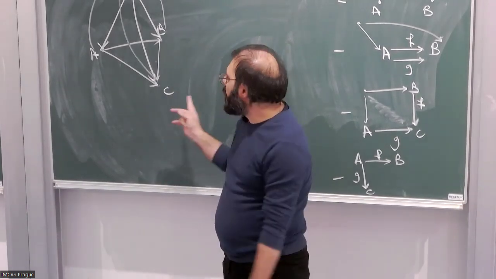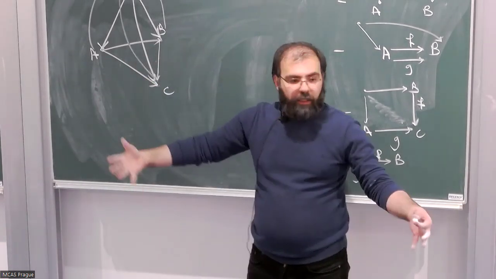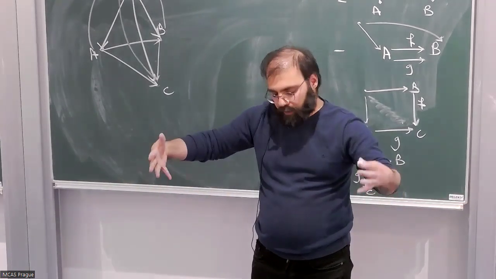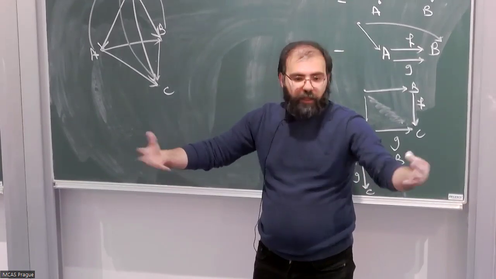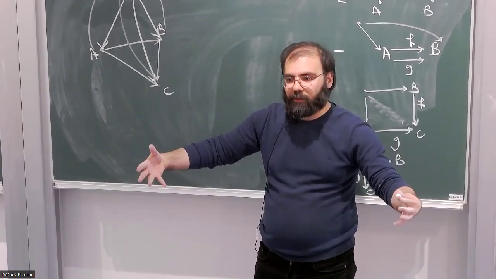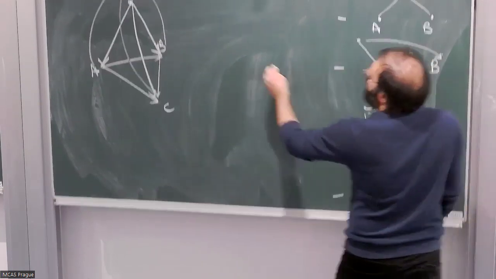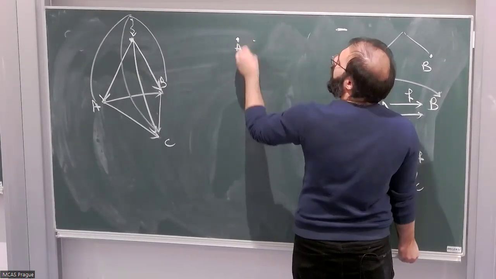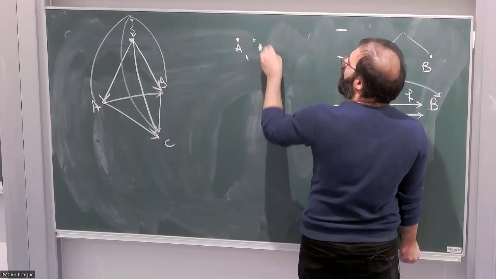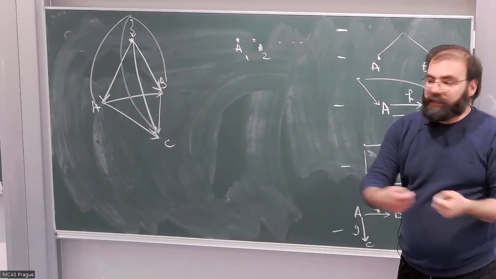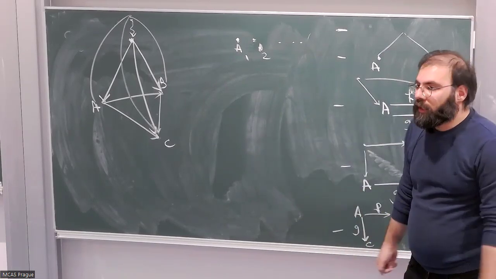And what do I mean by that? Let's say that I have a diagram here, whatever it is, I don't care. It can be big, but it must be set size, not class size, that's the only thing. So let's say A1, A2, A3, A4, etc., an infinite sequence of objects.